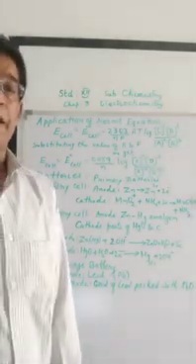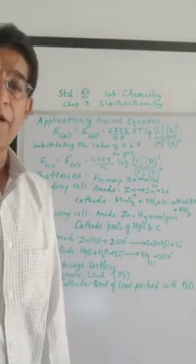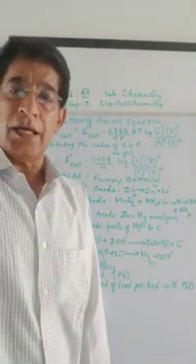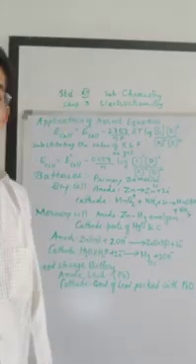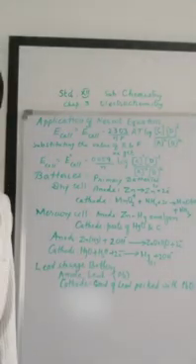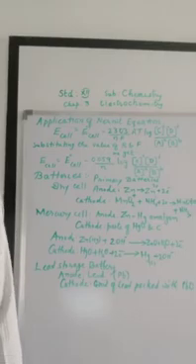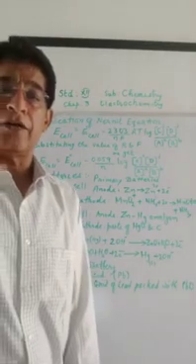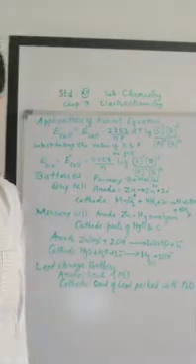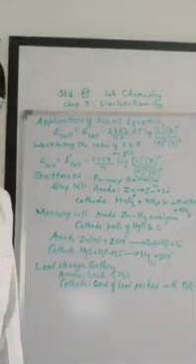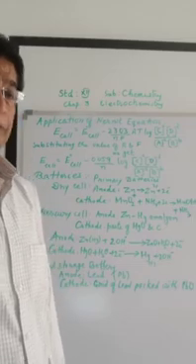which is represented by Fe2O3.xH2O. And at the anode, the reaction is 2Fe gives 2Fe2+ plus 4 electron.